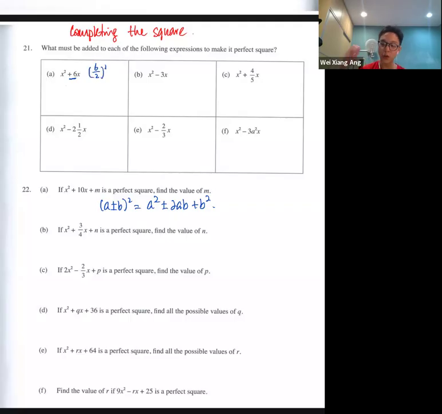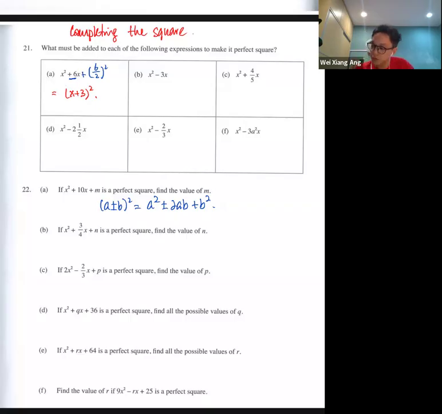This is what I need to add to this expression so that it becomes a perfect square. And this factorizes into x plus 6 over 2, which is 3, squared. So if I add 6 over 2 squared, I can factorize this entire expression into x plus 3 whole thing squared.